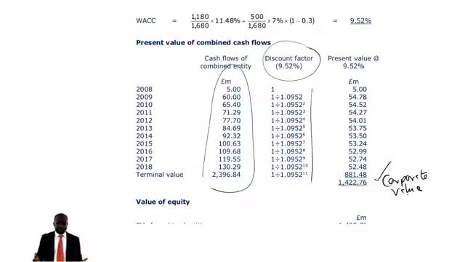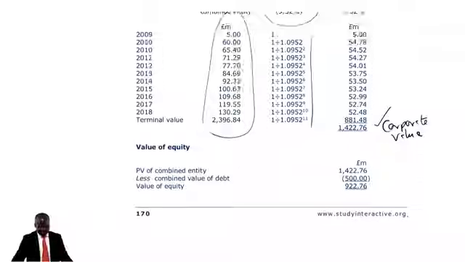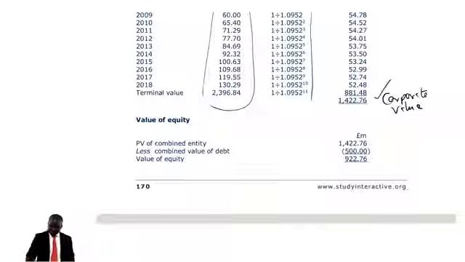I've got the corporate value. If I have got debt, less the debt from the corporate value, that should give me what? The value of equity. So this is the combined entity value less the value of debt. The value of debt is 500,000. 500. Then that will bring you the value of equity.